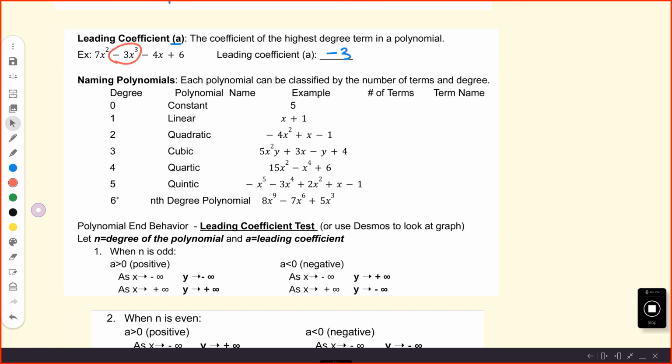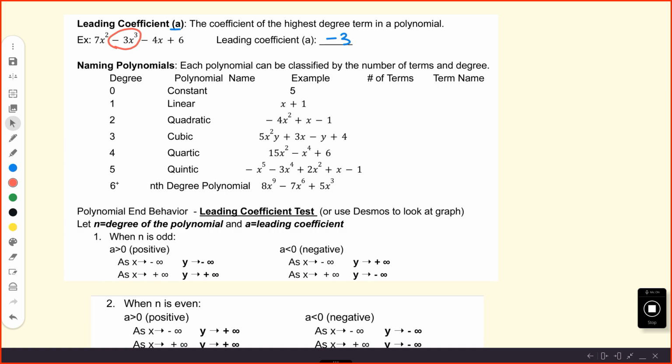Also, I have here a table that shows the polynomial names, because when we write polynomials in lesson 3.3, we have to know the polynomial name. That's going to give us the degree. And on this side, we name the polynomial based on the number of terms.